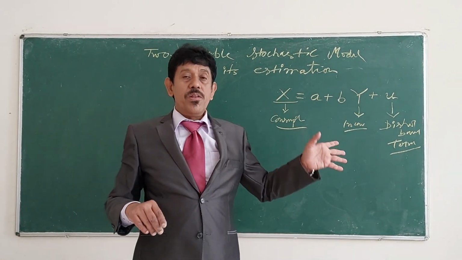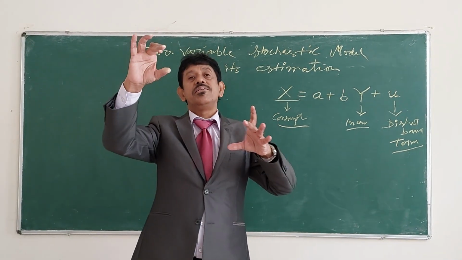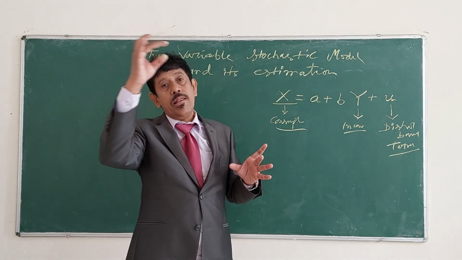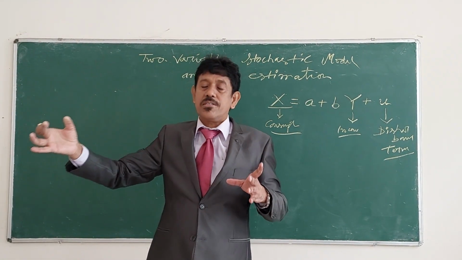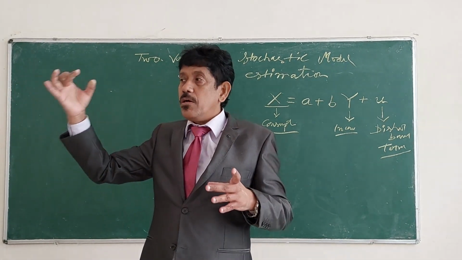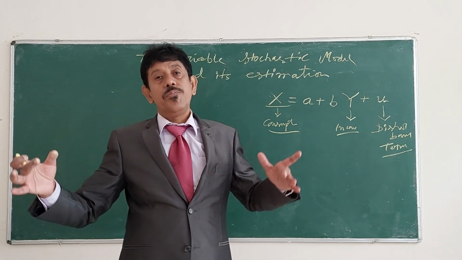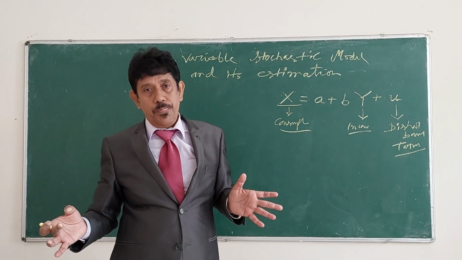Now the problem is how to represent the relationship between income and consumption in a proper way, so that we can forecast the various probable values of consumption given various possible values of income.